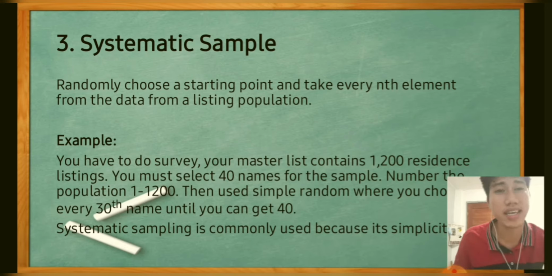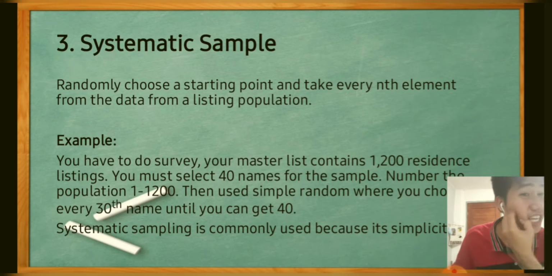And when we say cluster, the whole group is made the sample. In systematic sample, we list all the residents, and then we get 40 by giving the nth term, the 30th name. At every 30th name, they will become the sample.